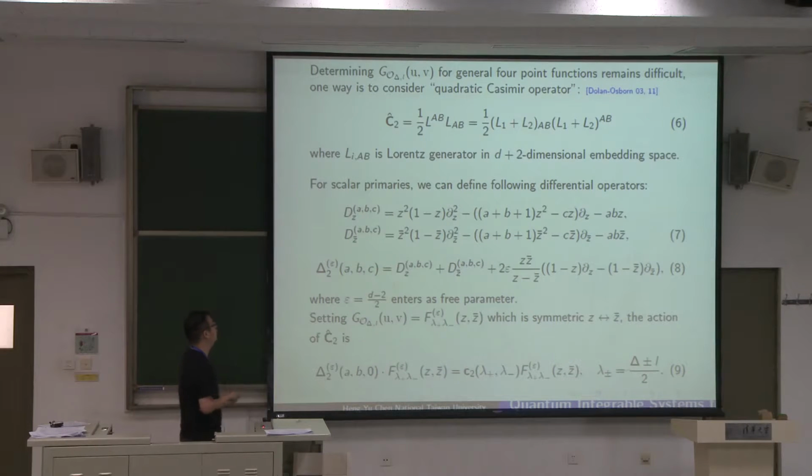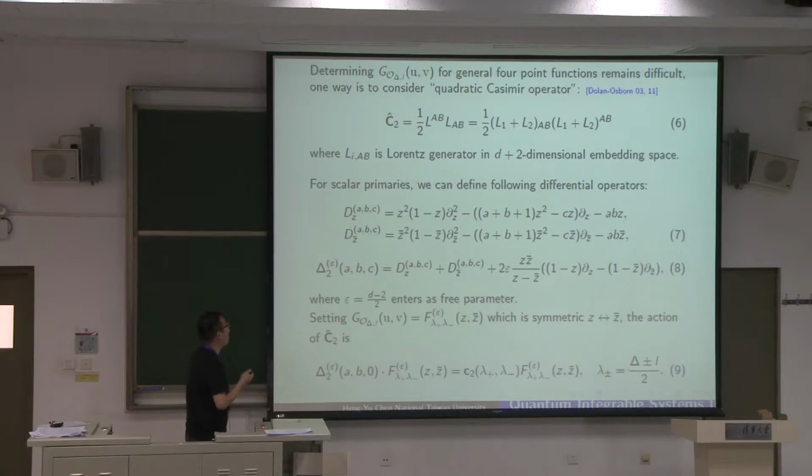So you can construct the Casimir by just contracting all the indices of those Lorentz generators. But I think we can rewrite them in terms of those z and z bar coordinates. And to do so, let me just define these two second order differential operators, one for z, and the other for its conjugate z bar.